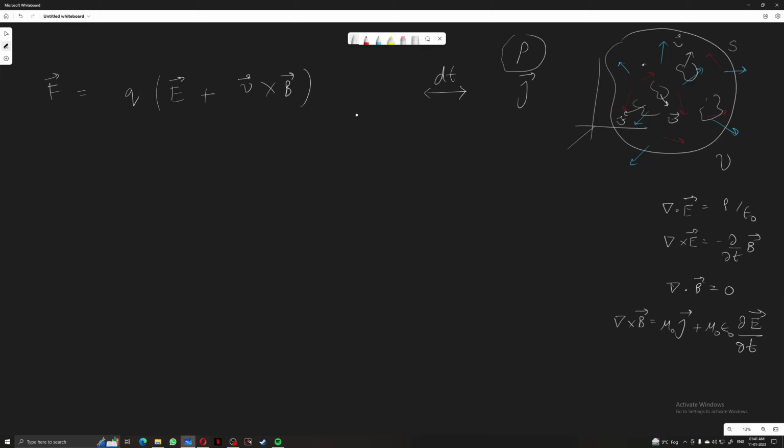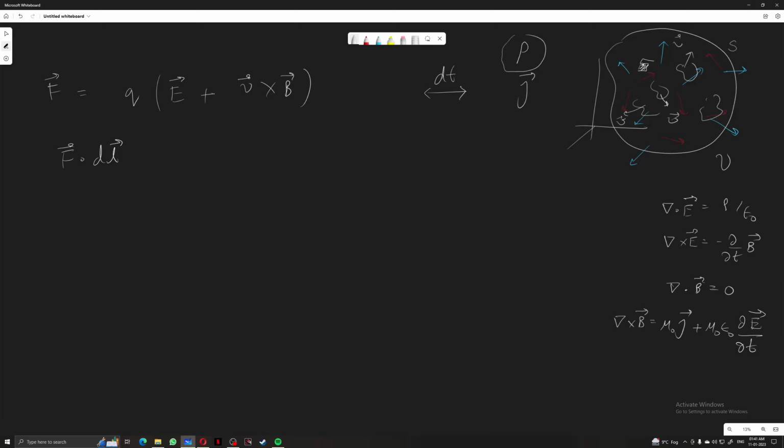This is what I want to know. I have to calculate the quantity F dot dl, because this F dot dl is the work done on the charges.